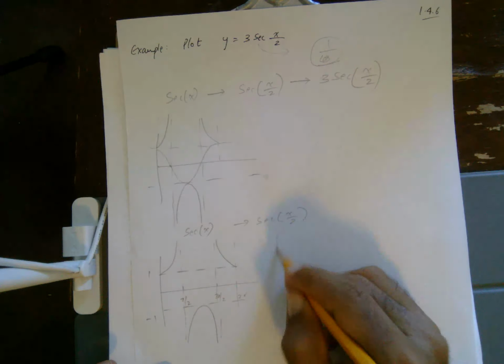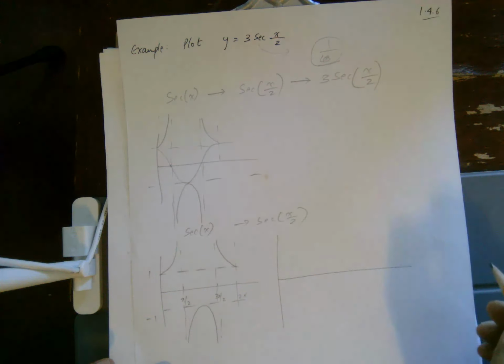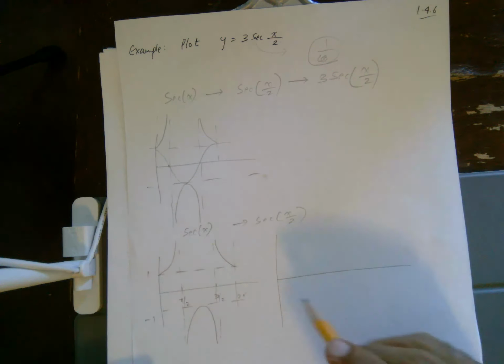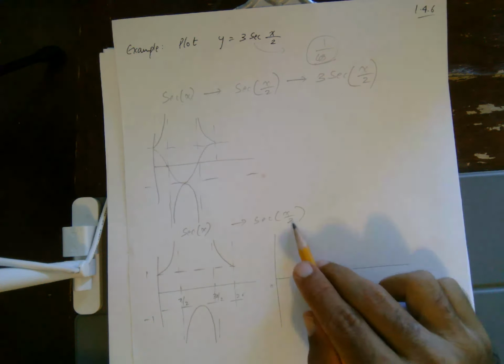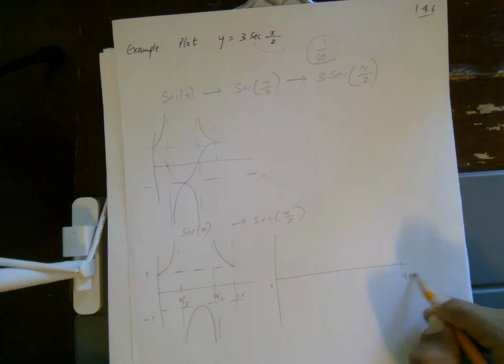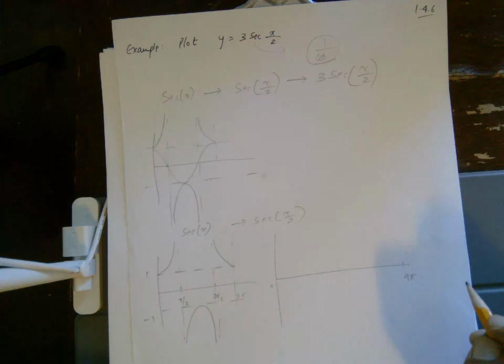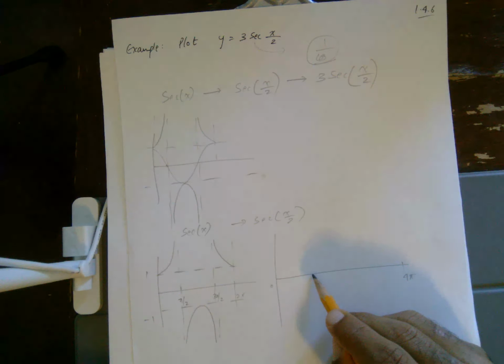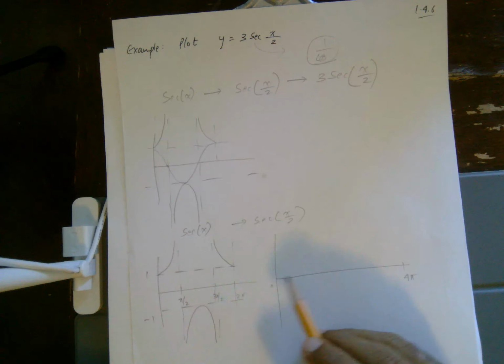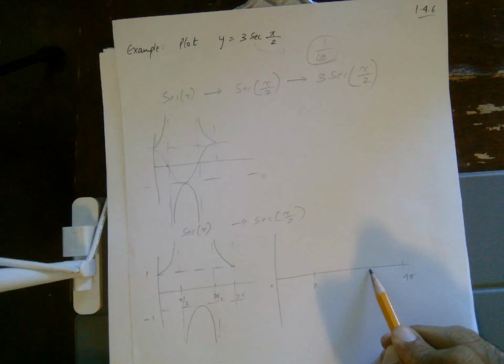I go from that to x over 2, which means everything is going to stretch out, right? So this is 0, it's going to stretch out to 4 pi. Right, so this is going to stretch out to pi, and this is going to stretch out to 3 pi.